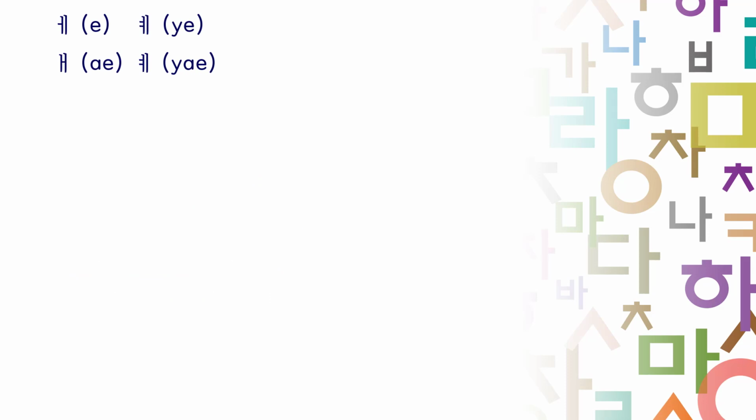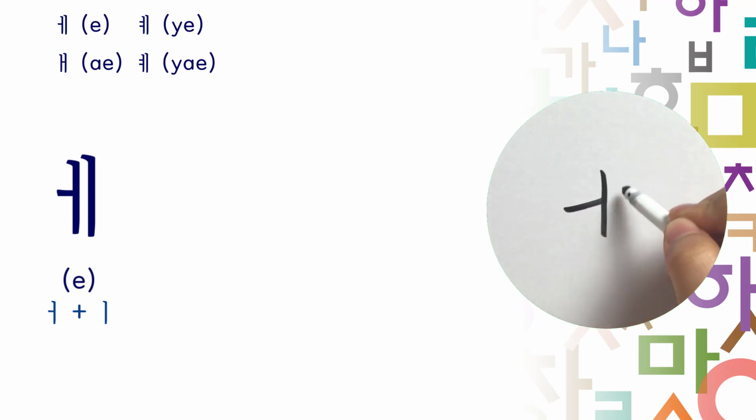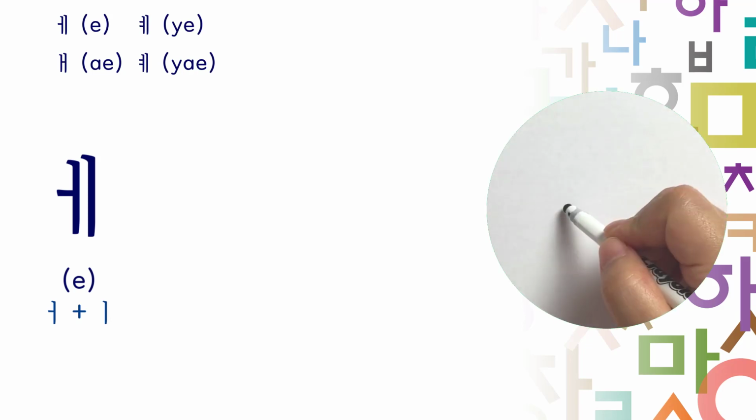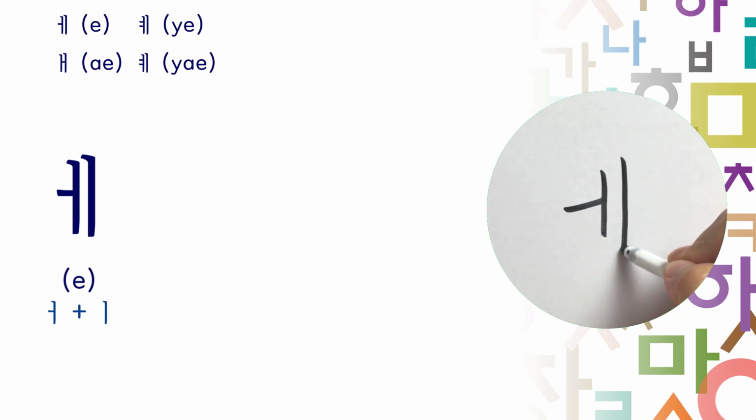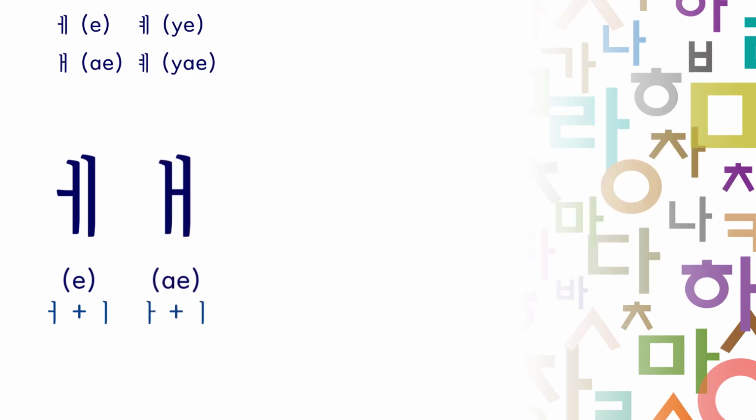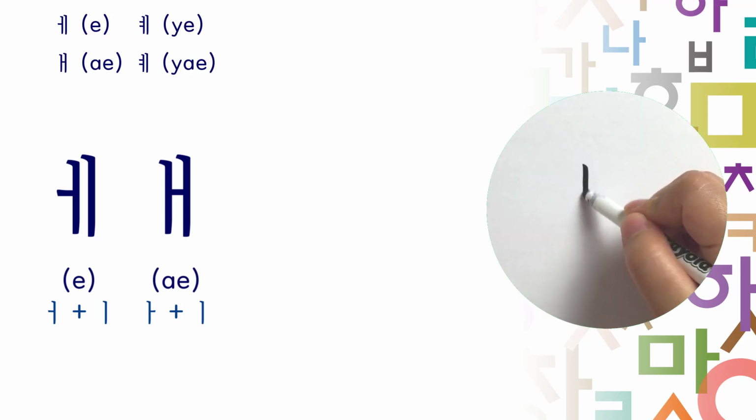Okay, so we've learned one complex vowel, 의, but the next set of complex vowels we will learn are formed by combining vertical vowels together. First, we have 에, and this combines the vowels o and e, and it's written like this. Then we have 에, and this combines the vowels a and e, and it's written like this.